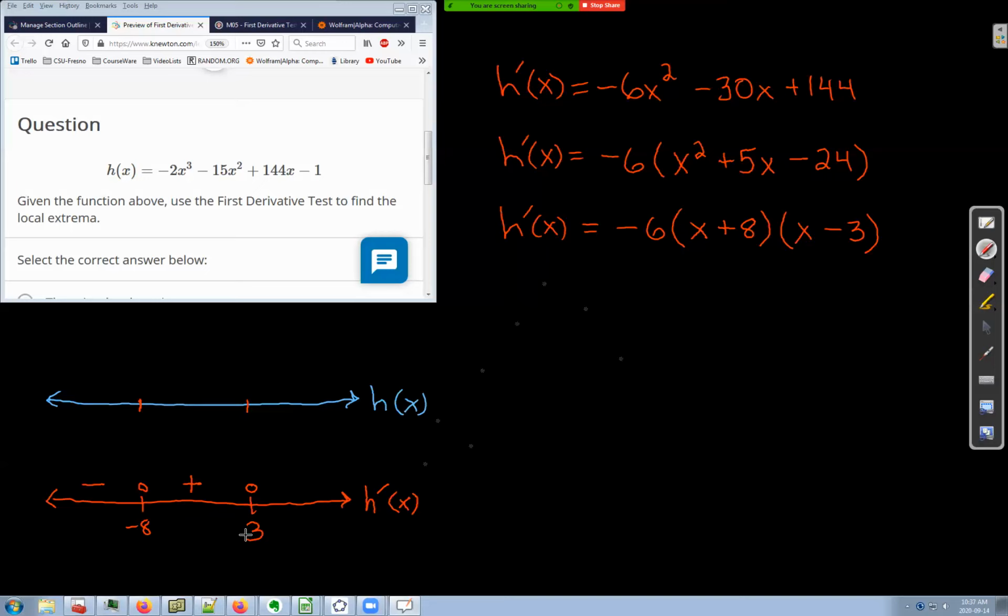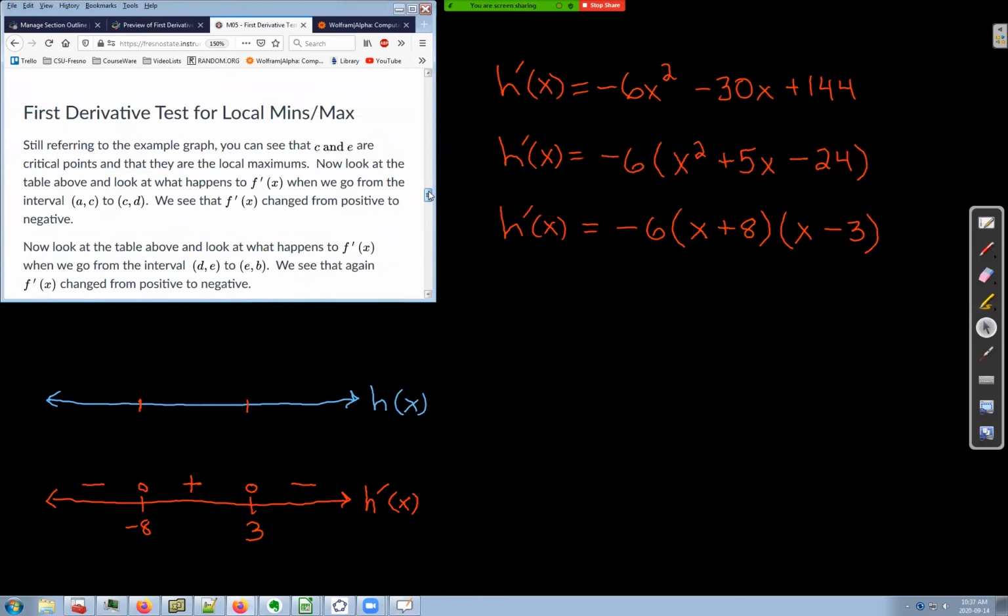And then finally, if I pick a number bigger than 3, like say 100, 100 is going to be negative, positive, positive, and negative times positive makes negative. So that means the derivative is negative on that region. So, all right, we basically have what we need.